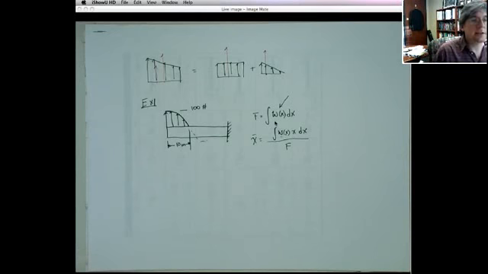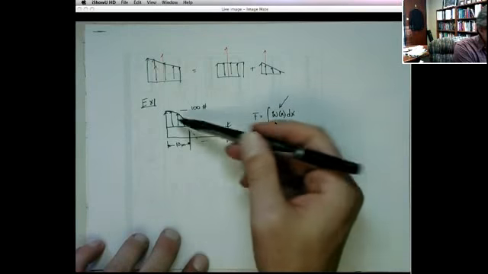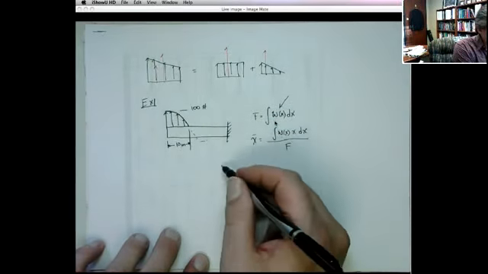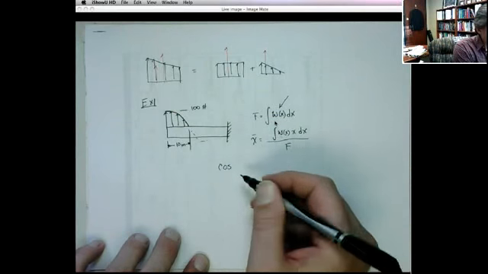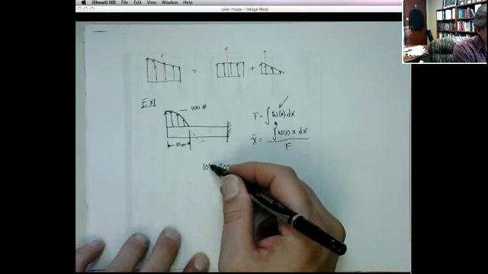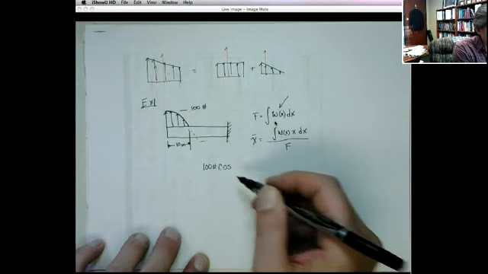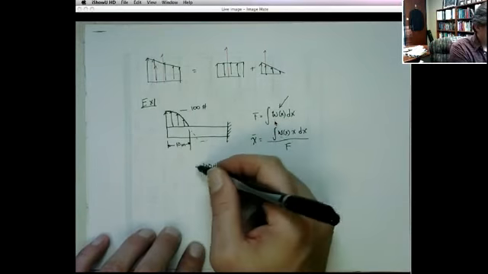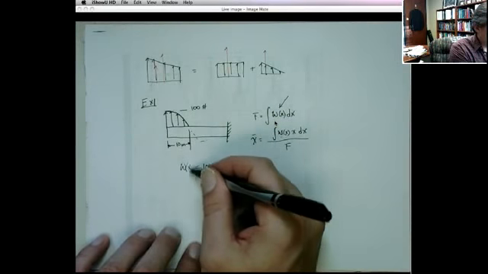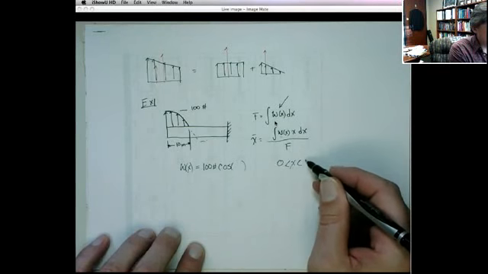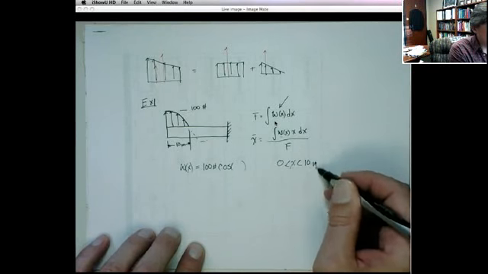Okay, so in this case, the first thing we need to do is come up with that function. Well, we know it looks a little like a cosine, right? So it's some sort of cosine type. Now its peak value is 100, so that gives me 100 pounds times some type of cosine of wx, and this is going to be valid for x from 0 to 10 inches, right?